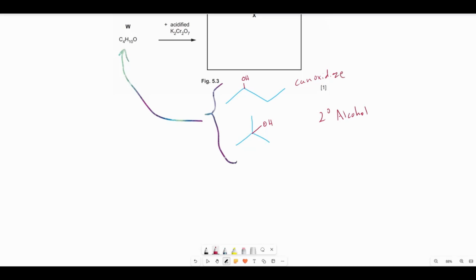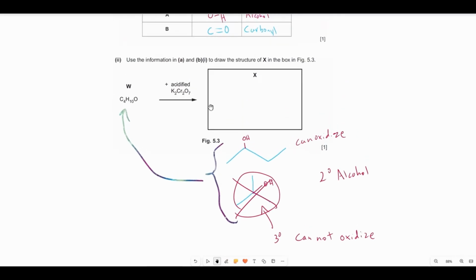This is a tertiary alcohol because the carbon that the OH is bonded to has 3 other carbons attached to it. This tertiary alcohol cannot oxidize. That is one of the things that we learn in chapter 17. So this alcohol can oxidize, meaning this is not our W, because W has to be able to oxidize in this reaction. Meaning W is this right here.